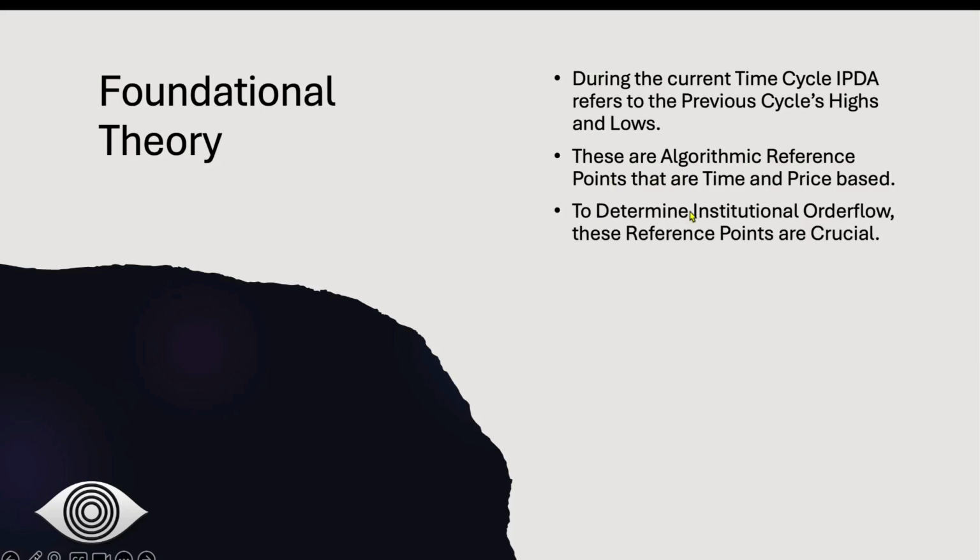To determine institutional order flow, these reference points are crucial. The reason is that these are objective measurements within the delivery of price, meaning IPDA can refer to these levels as either points of interest or draws on liquidity during the current time cycle. This is something that we will discuss later on within this webinar more in depth.